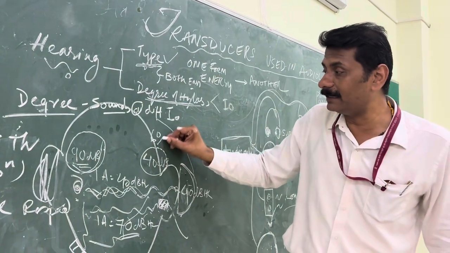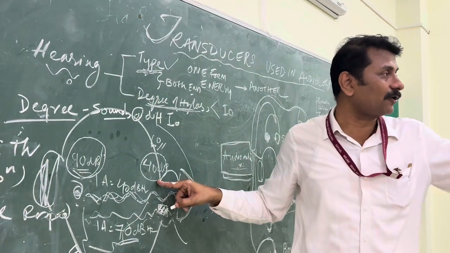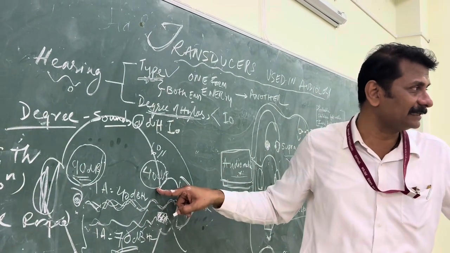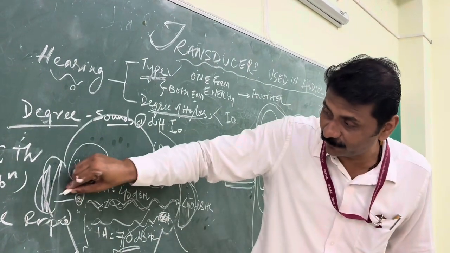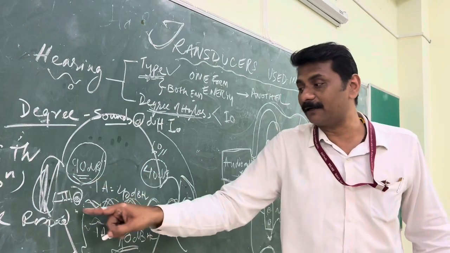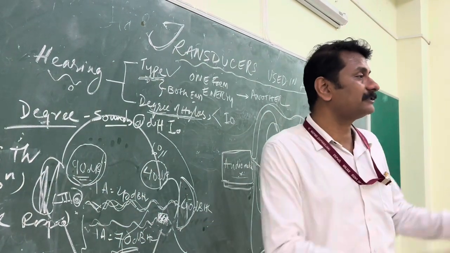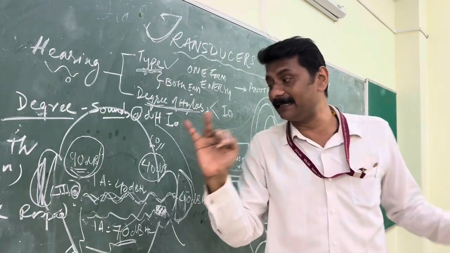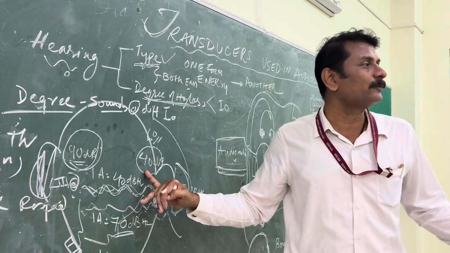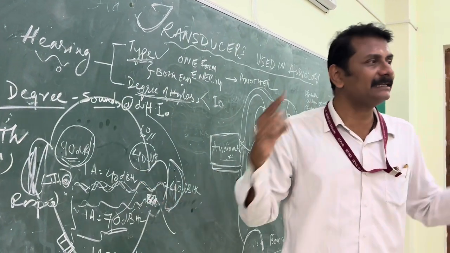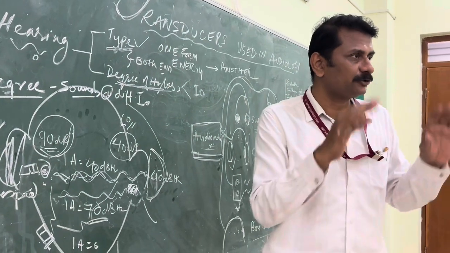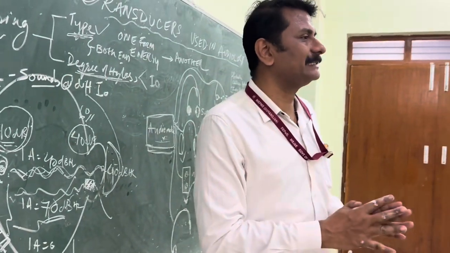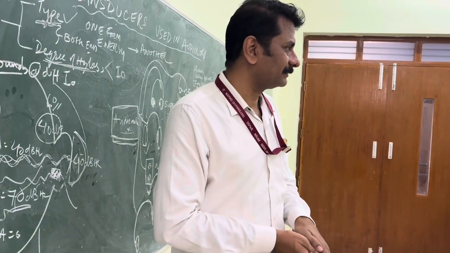So this is already above 40 decibel. So cross hearing will happen. So you have to do masking. But if you are using an insert phone in this case, then how much sound is lost? 70 decibel sound is lost. So of the 90 dB sound, 70 decibel is lost. So 20 dB is reaching here. This ear is 40 dB, which is above that. So you don't need masking, you can easily do pure tone audiometry. So you should know how to use the transducers where. Correct? Thank you.